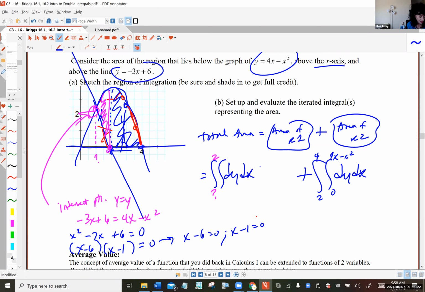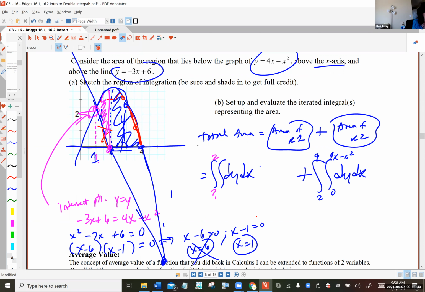Some of you didn't get that far, but we get 6 and 1. Now, the intersection point we care about is 1. These two, this line and this parabola, do connect later on way down here when x is equal to 6, but we don't care about that. So that's not in the conversation. We just care about the lower limit being 1.